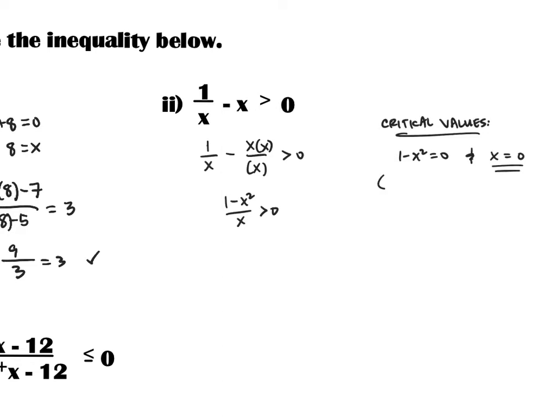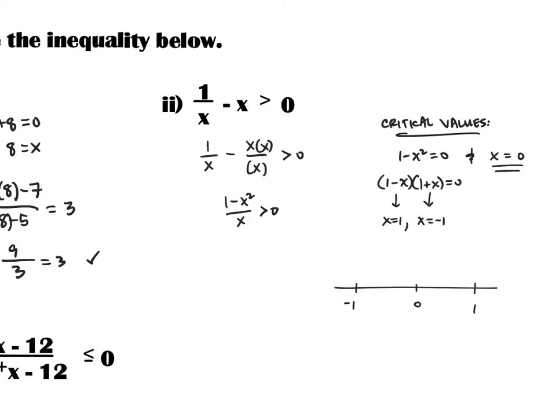For the other critical values, I'm going to factor this. Looks like I'm going to yield an x value of 1 and an x value of negative 1. So I've got critical values at negative 1, at 0, and at 1.